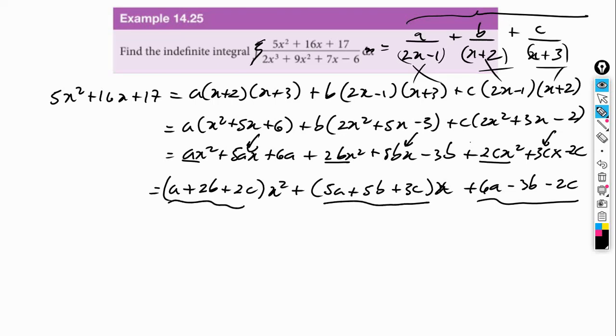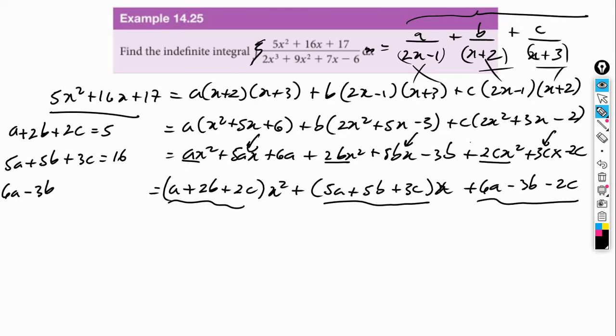So all we have to do is compare that to this, right? And comparing that, we have that a plus 2b plus 2c should equal 5. We have that 5a plus 5b plus 3c should equal 16. And we have that 6a minus 3b minus 2c should equal 17.